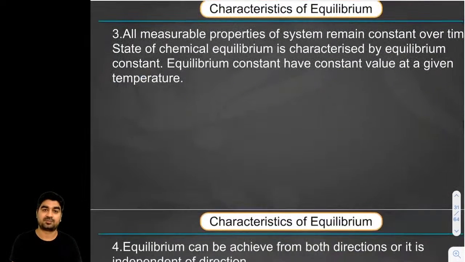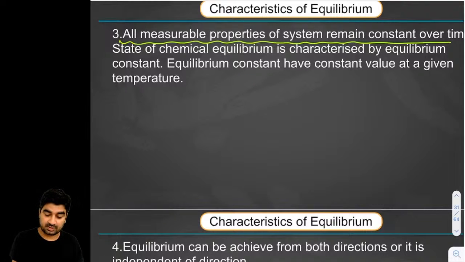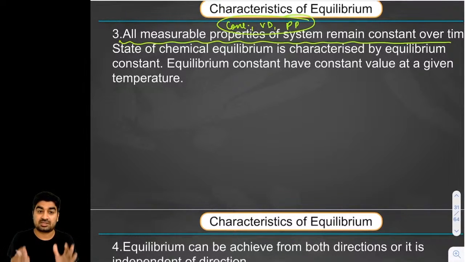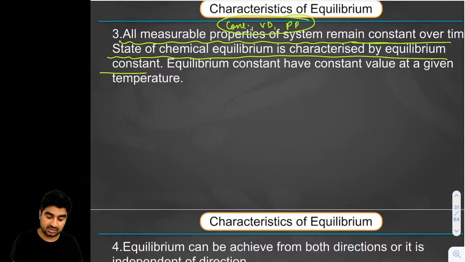And the third point is that all measurable properties, like concentration, vapor density, partial pressure, and temperature, everything which you can measure becomes constant, and it looks like the reaction has stopped, but it has not stopped. Okay guys, so all measurable properties remain constant over time.